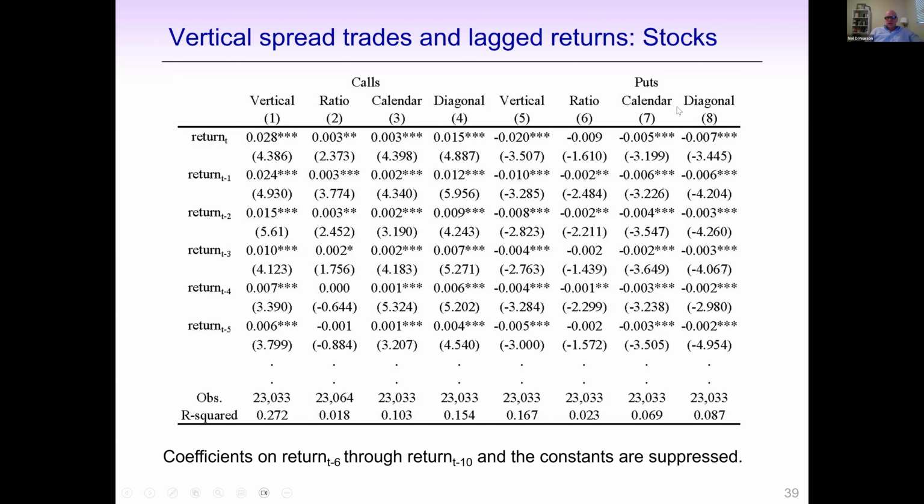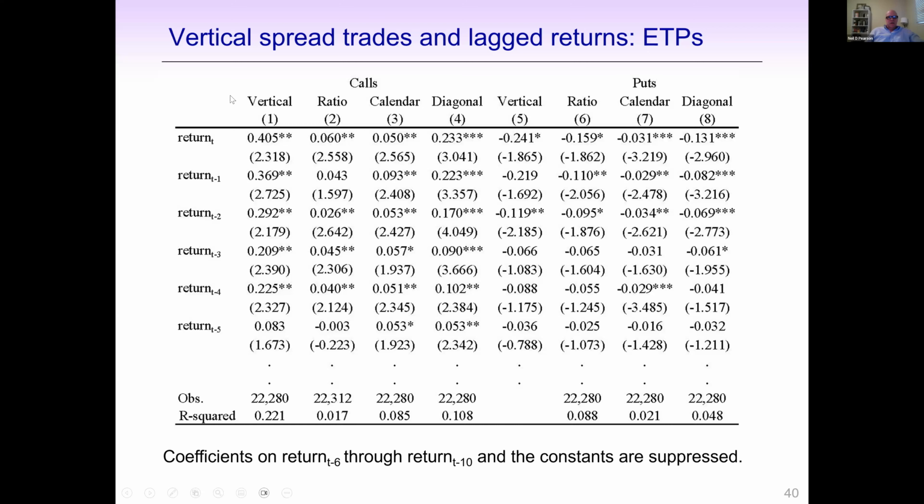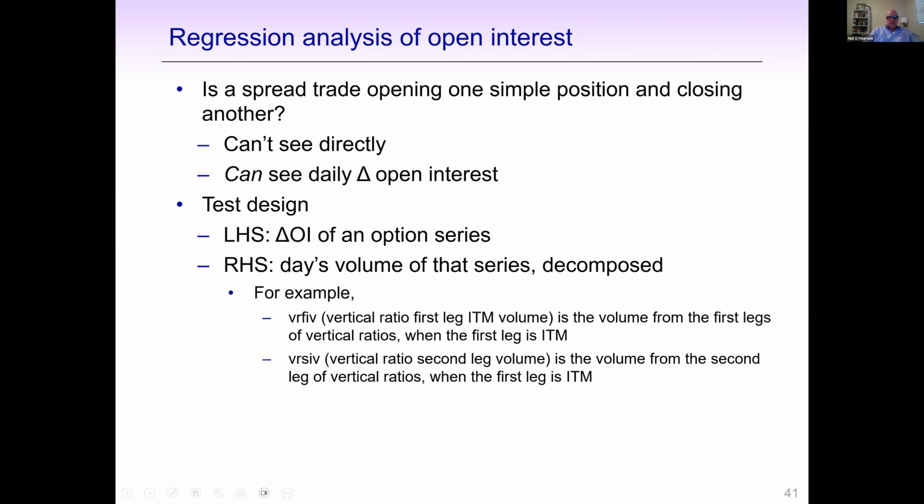Volumes of put spreads are negatively related to recent returns, consistent with traders using complex trades to adjust put positions that have recently become in the money. Actually, most of the coefficients out to lag 10 are also significant, but there's not enough room to show them on the slide. Similar results for calls and puts on exchange traded products.